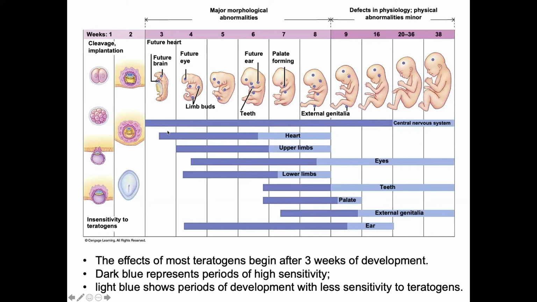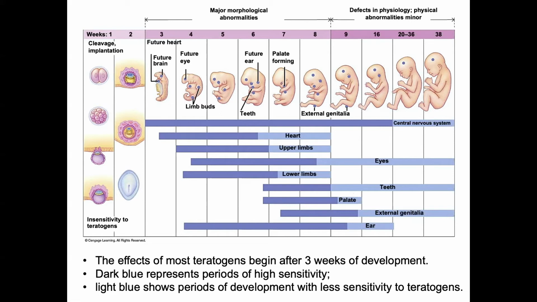Dark blue shown here represents the period of high sensitivity, and those light blues shown here are the periods of development with less sensitivity to teratogens. From this chart, you can easily tell that the central nervous system is most sensitive to teratogens, and the effects can span the entire pregnancy period.